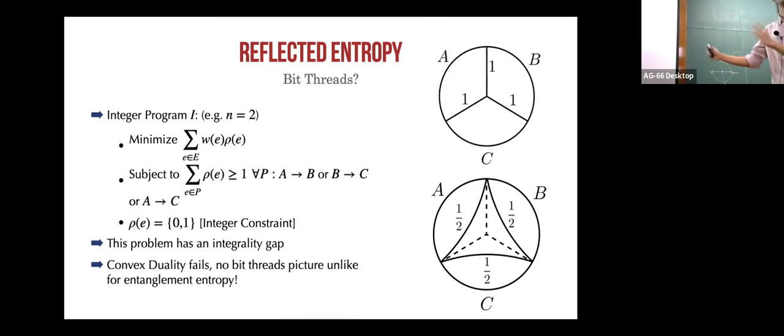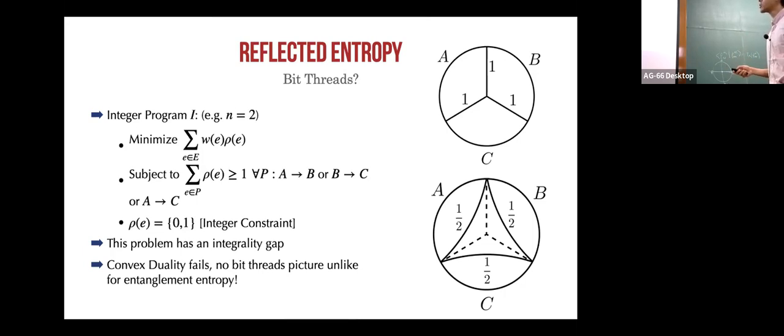So this path constraint is basically telling you when you go from A to C, you need to cross a brane, like you need to cross a domain wall at least once. And similarly, when you go from B to C or B to A. So it's possible to show that it's equivalent, but an important thing is that this function rho of E, which basically measures the energy cost associated with an edge, is an integer.